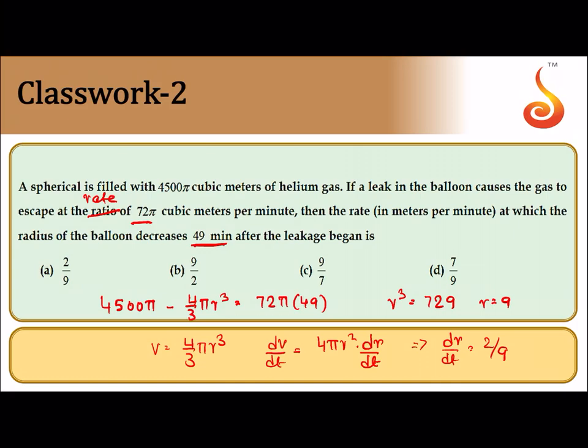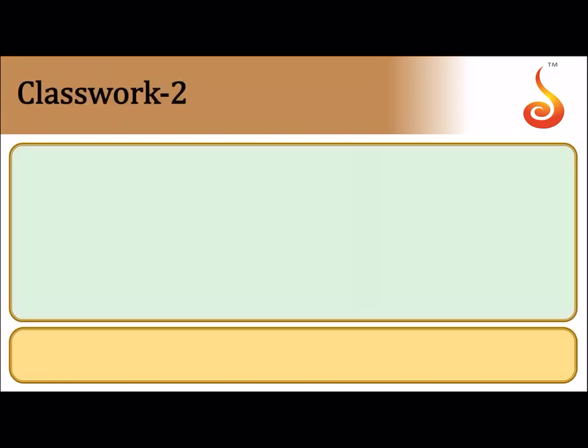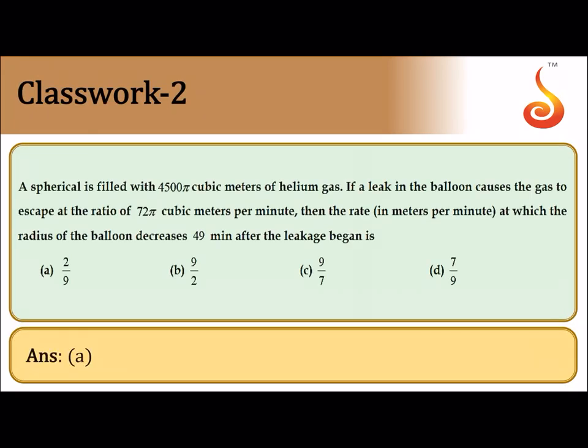This implies dr by dt, you will get it as 2 by 9. Simple calculation. dV by dt is already given to you as 72 pi. r you know. So you get dr by dt is 2 by 9.